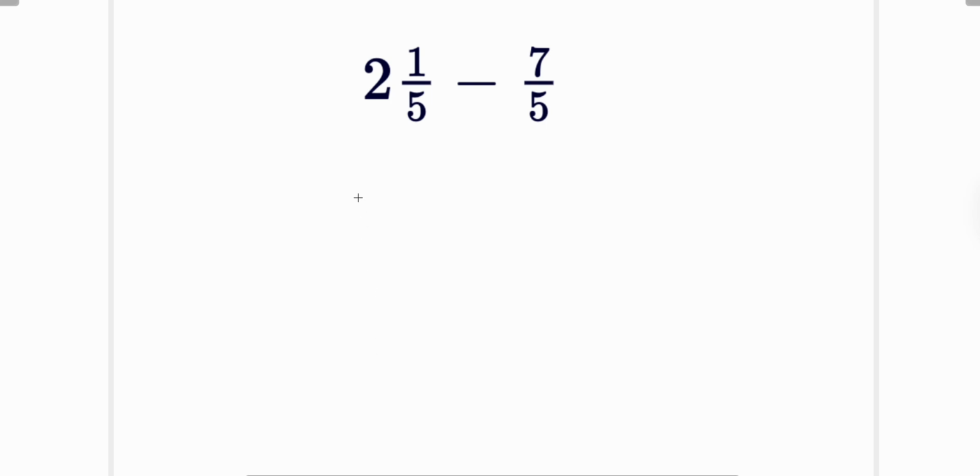Now this is where converting really comes in handy. Because now we have 2 minus 1/5. Now if this was something like 2 and 3/5 minus 2/5, then that would be very easy to do, because all you're going to do is subtract your numerators, and you're going to keep this whole number, because 2 minus 0 here is still 2.